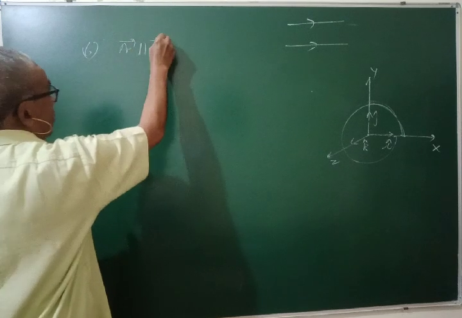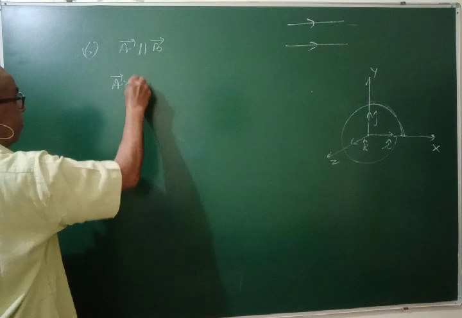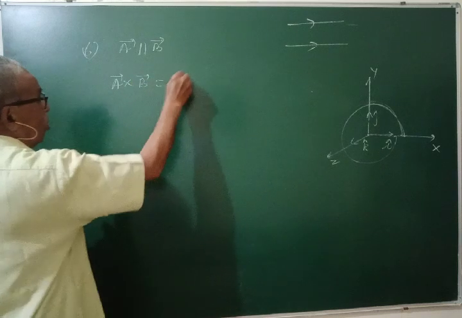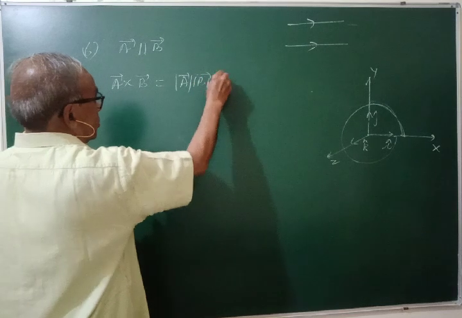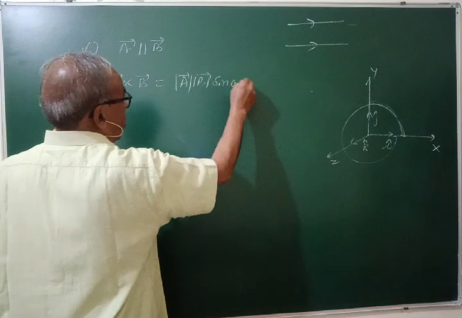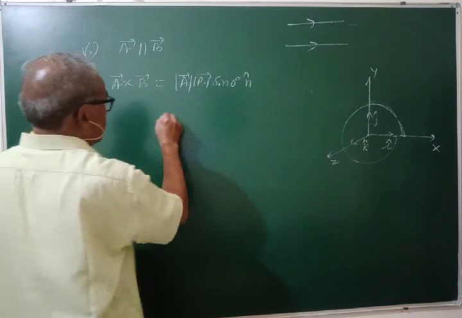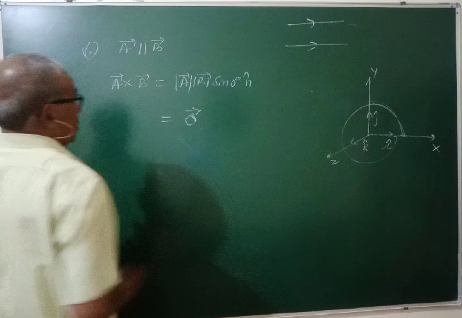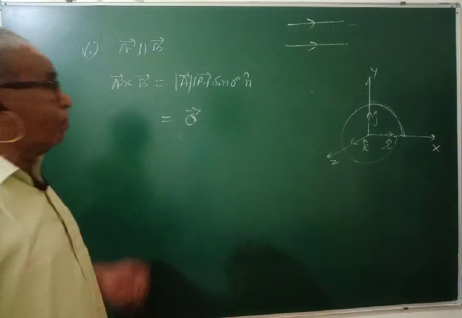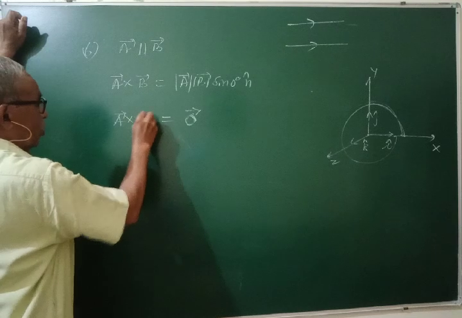So if vector A is parallel to B, then what is A cross B? It is modulus A, modulus B, sine 0 degree n cap. So it comes out as the zero vector. If vectors A and B are parallel, then A cross B is the zero vector.